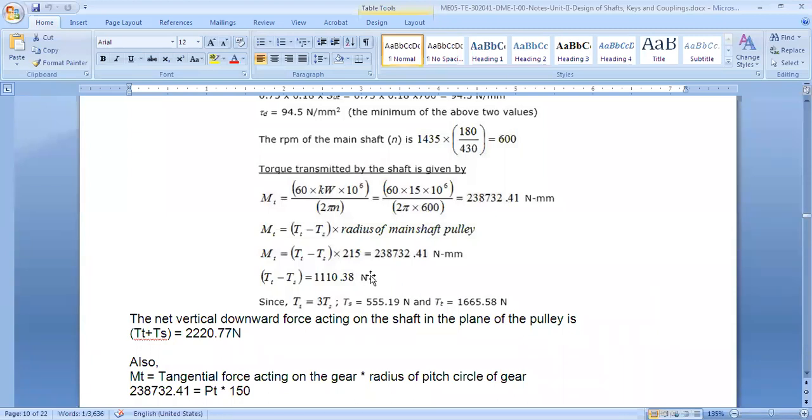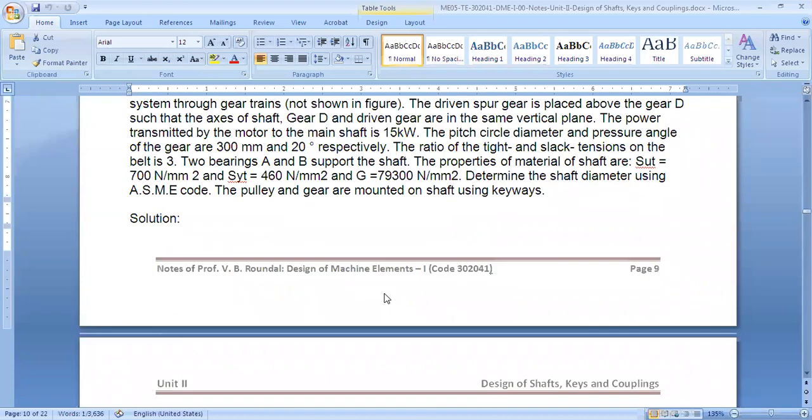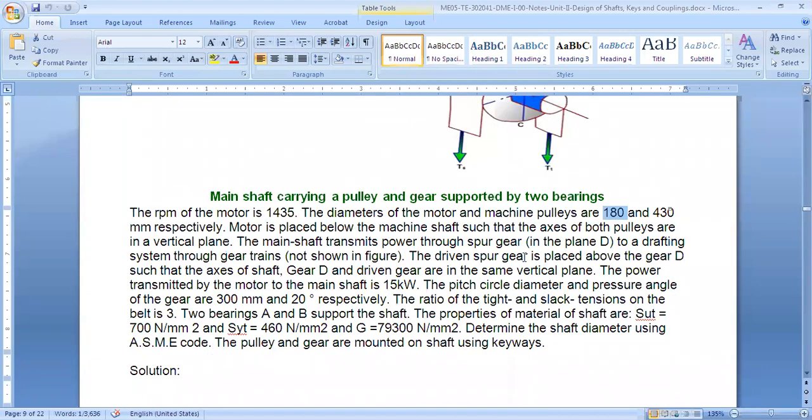R is the radius of the pulley. So T1 minus T2 into 215, which is the radius of the pulley. They have given it somewhere. Let me just see where it is given.